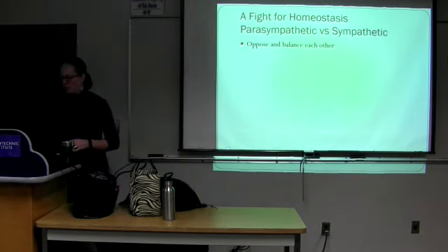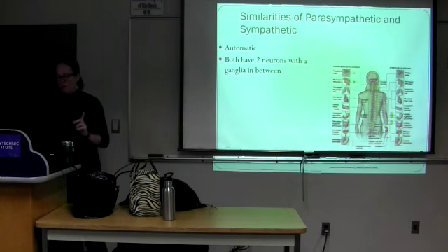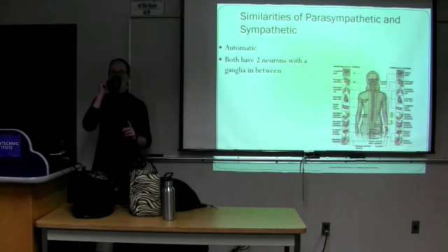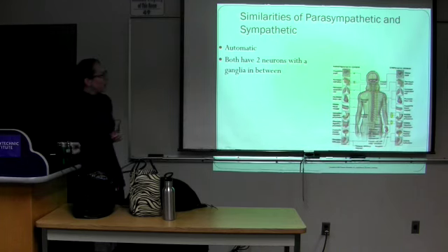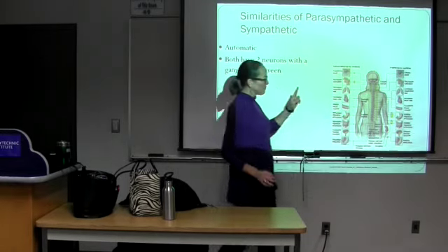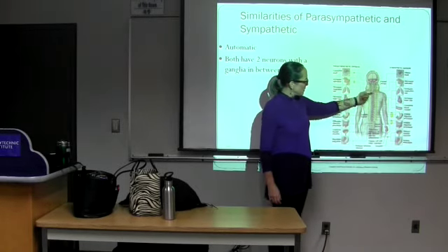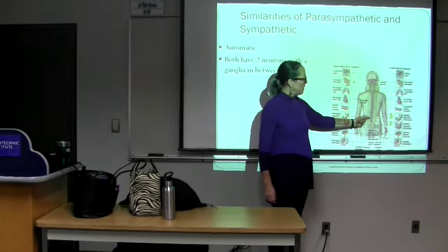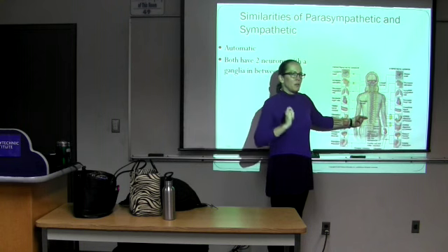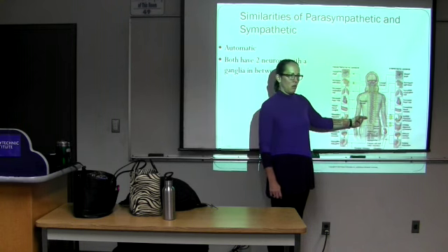Okay, oh, we got through this one. So I need to go back one. Okay? So if I'm looking at these nerves that come out of the thoracic spine and the top of the lumbar, are they sympathetic or parasympathetic? Thoracolumbar.